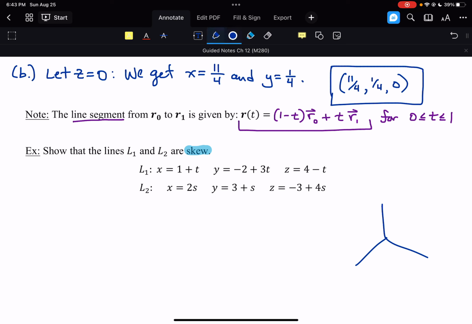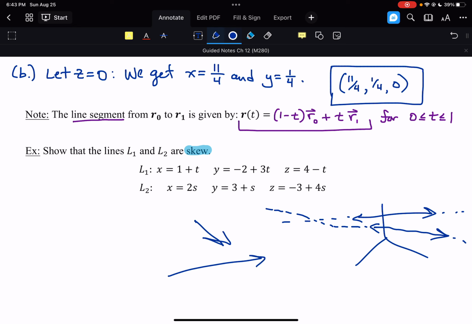However, there is a third case in 3D. You can have a line going like this and a line maybe going like this. So this one is going this way and this one is under it and goes off that way. So one of them is coming out of the screen at us and another one is down here, passing under it, something like that. These lines are not parallel, right?